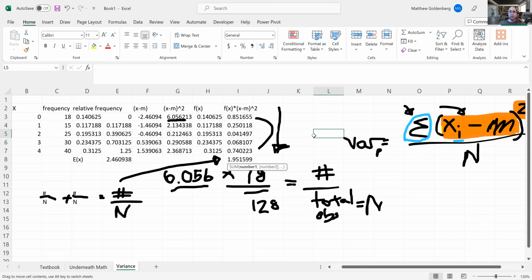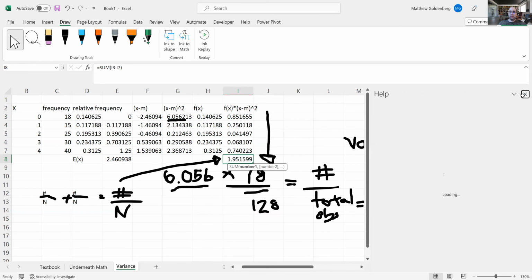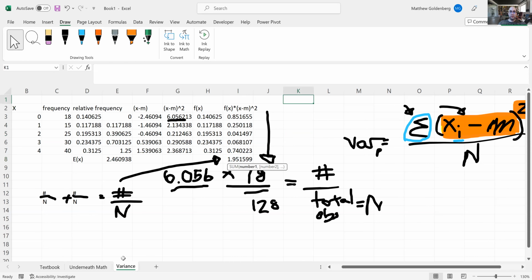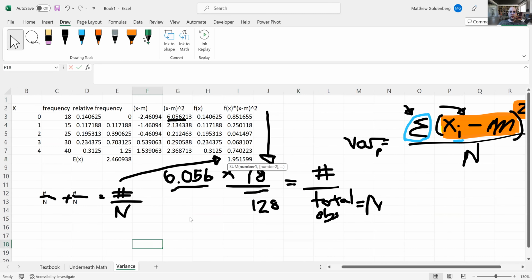And it's because as you sum these down, the common denominator 128 stays the same, and the numerator just keeps getting bigger and bigger, because you're adding together like values.